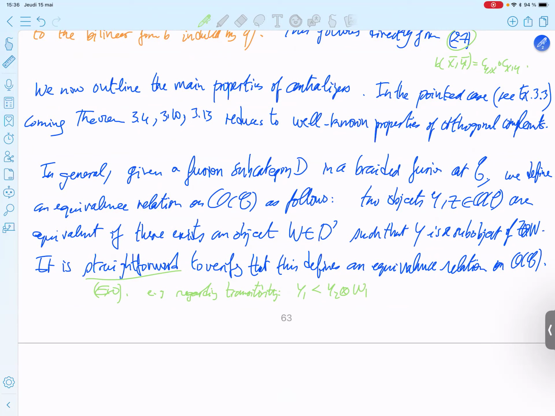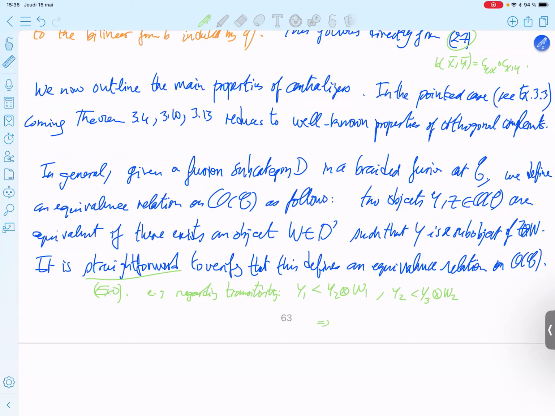So Y1 and Y2 are in relation according to the previous definition, and W1 is an element of the centralizer, and you have Y2 is in relation with Y3 in the sense that it's a subobject of Y3 tensor W2, with W2 another object of the centralizer.